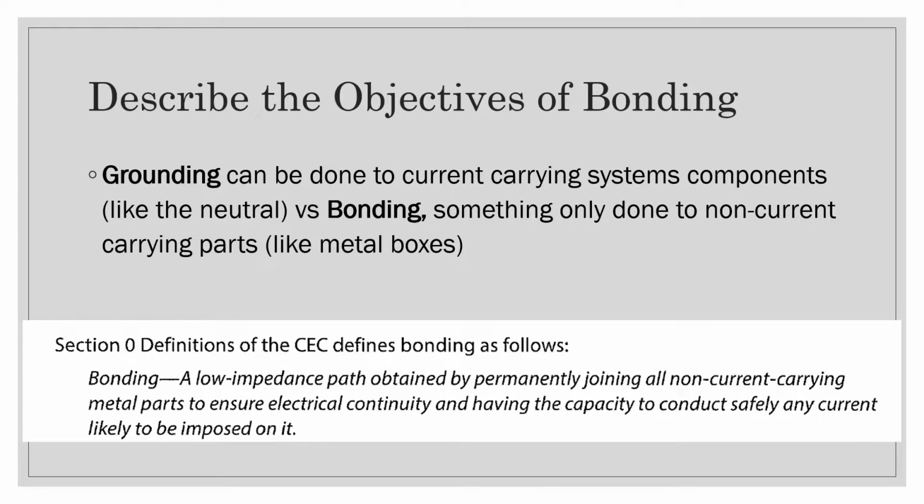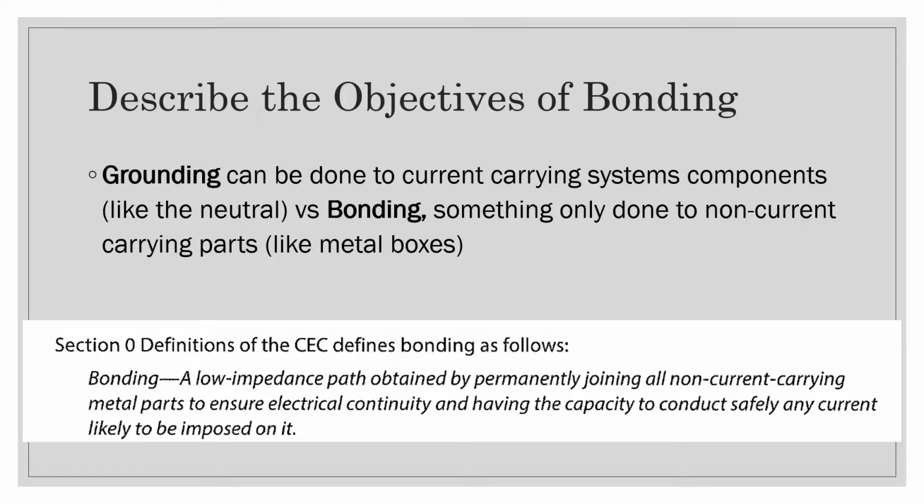So it's imperative that there's continuity, meaning connection between all metal parts, and that it is also strong enough to conduct safely any current that is going to be applied on it. So it can't just be made of a very thin string of copper conductor or something like that, which could blow apart if there's too much current upon it, or melt.